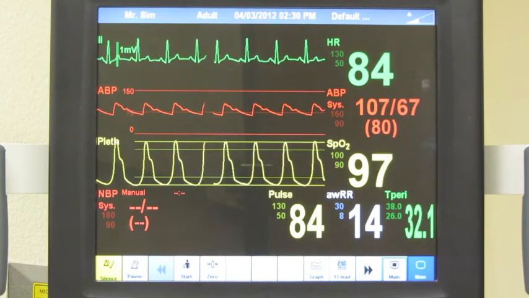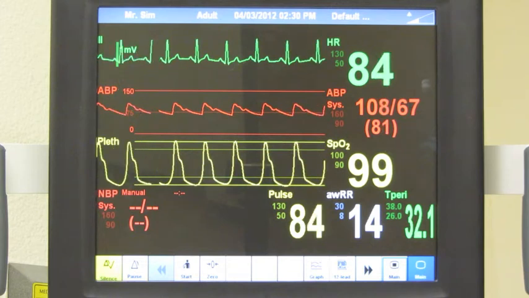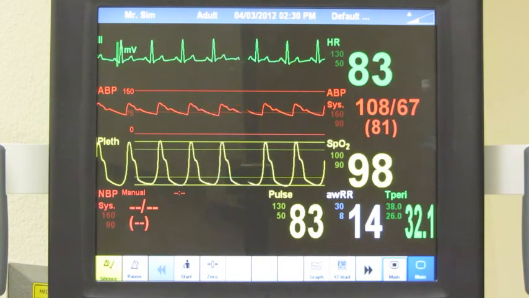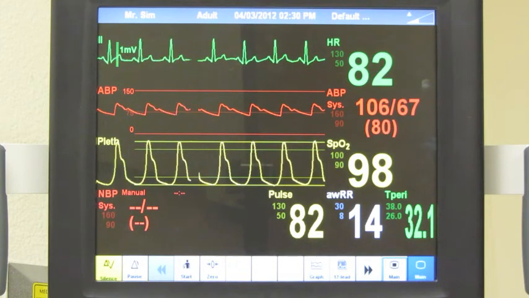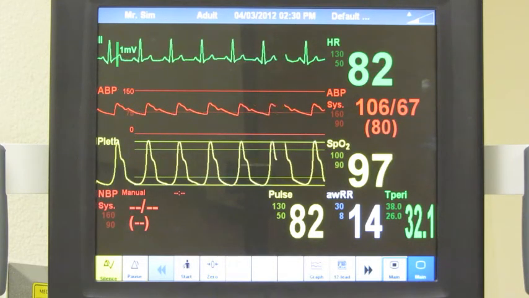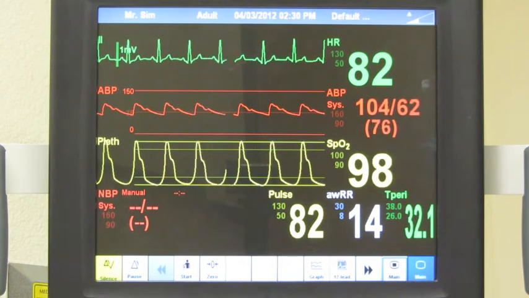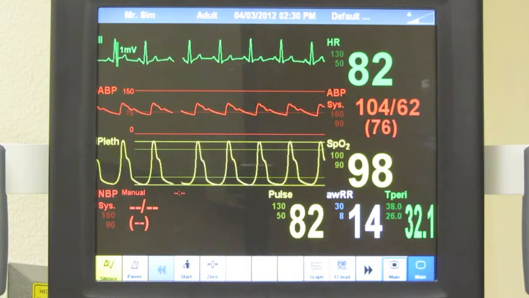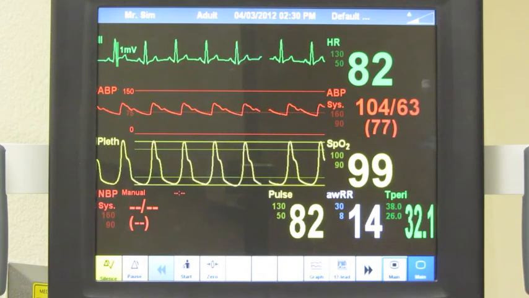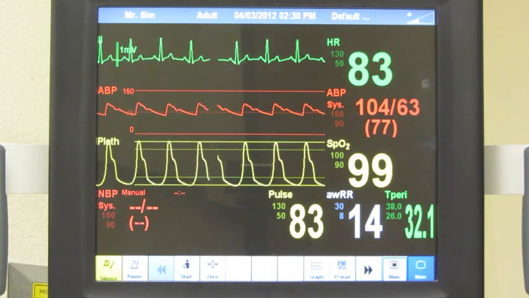SO2 levels are cause for concern in the following instances. Number one, a drop of 3% or more in the SO2 level is cause for concern and reason to discontinue physical activity. In addition, an SO2 level that's below 90% is cause to not continue activity or to discontinue the activity even if the drop is less than 3%.